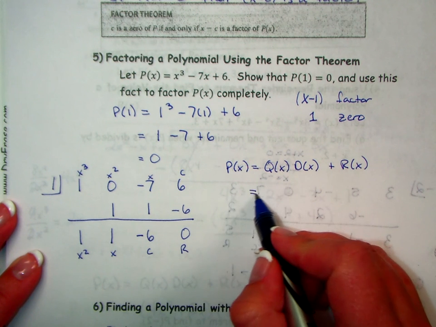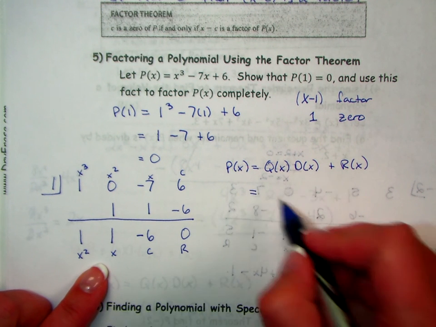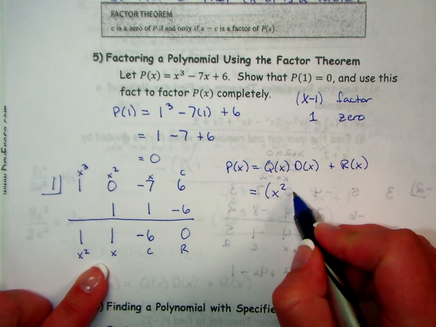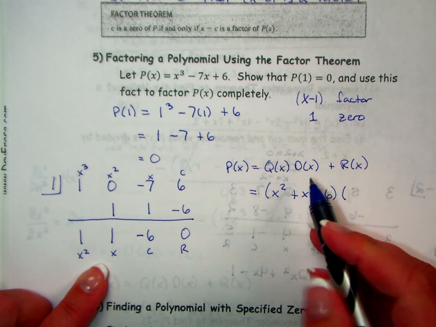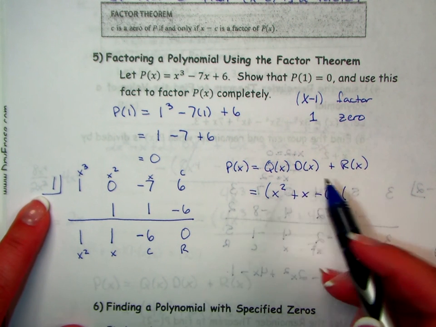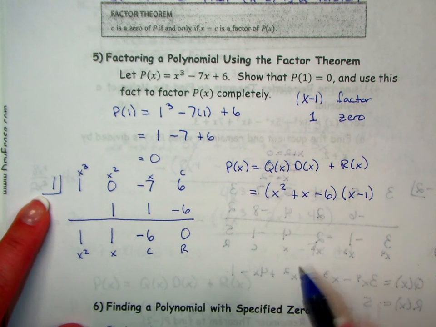So the polynomial is the quotient times the divisor only. Our quotient is x squared plus x minus 6, and our divisor isn't 1, it's the factor, x minus 1. So here the polynomial is factored.